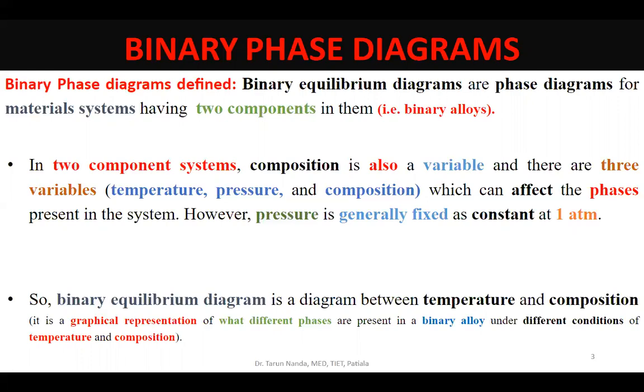So there are only two variables, and a binary equilibrium diagram is a graphical representation of what different phases would be seen in a binary alloy under different conditions of temperature and composition. When we draw this diagram, temperature is taken along the y-axis and composition along the x-axis, and the diagram shows what the different phases and their details are in a binary alloy.